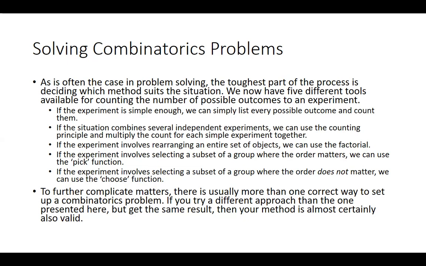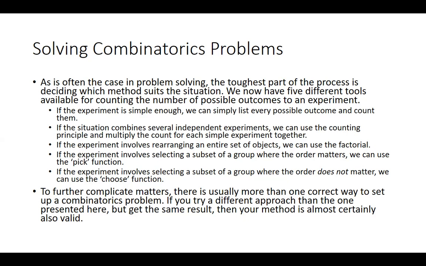If the experiment is simple enough, we can simply list every possible outcome and count them. If the situation combines several independent experiments, we can use the counting principle and multiply the count for each simple experiment together. If the experiment involves rearranging an entire set of objects, we can use the factorial.